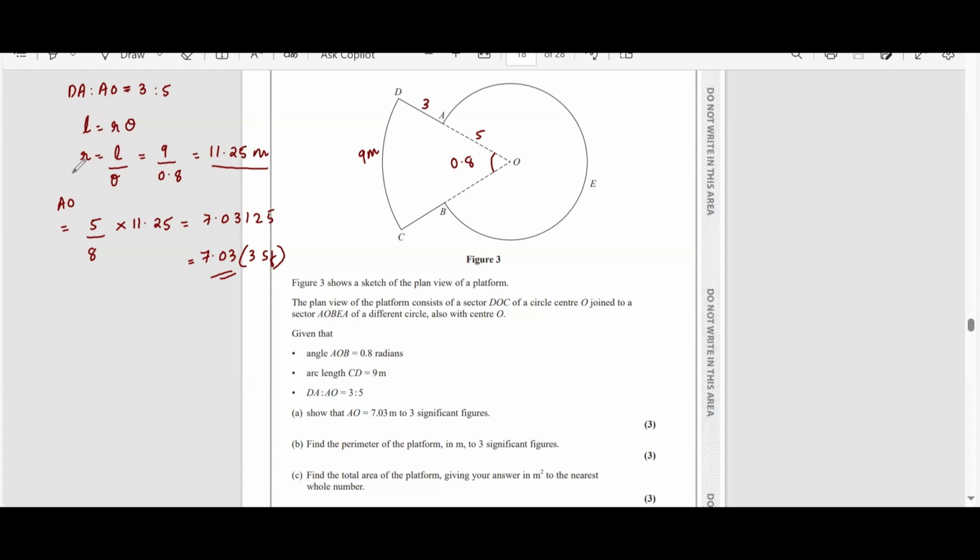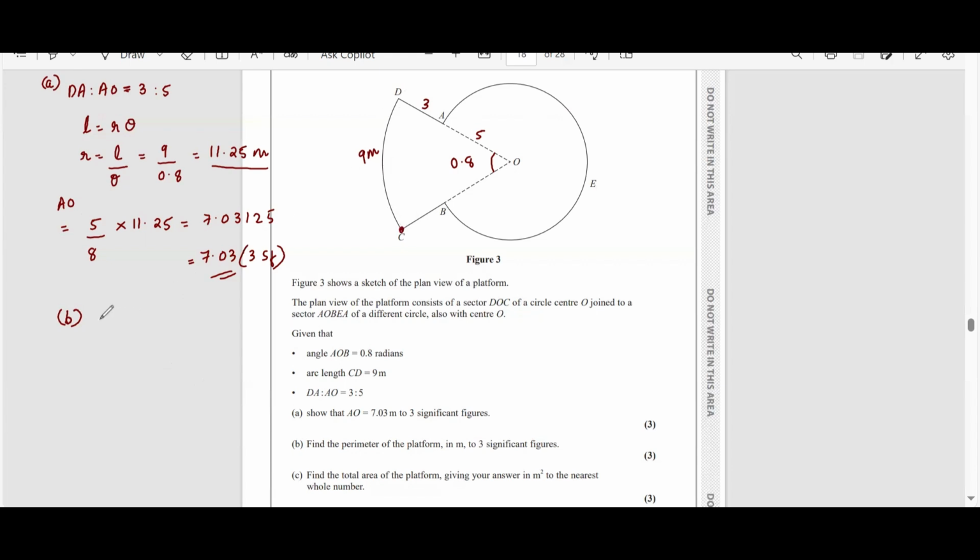Now for the B part, so this was A part. For B part, find the perimeter of the platform. Perimeter of the platform, you need to understand that the dotted lines are not considered as perimeter. Only the solid lines are considered as perimeter. So in order to find the perimeter, I'm going to start from this point, and I'll come all the way back to that point.